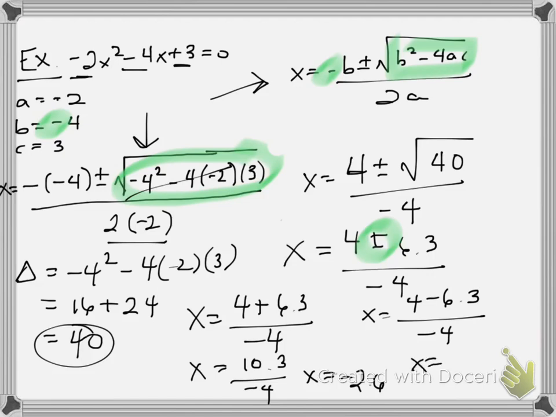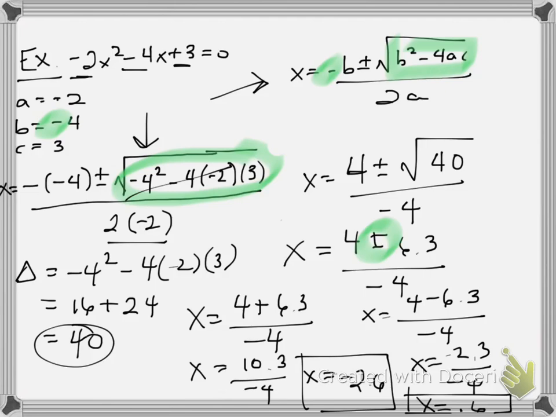So x equals negative 2.3 over negative 4, or x equals, I'm running out of room, negative 2.3 divided by negative 4 equals 0.6, or 0.575. Okay, so there are my two solutions right there.